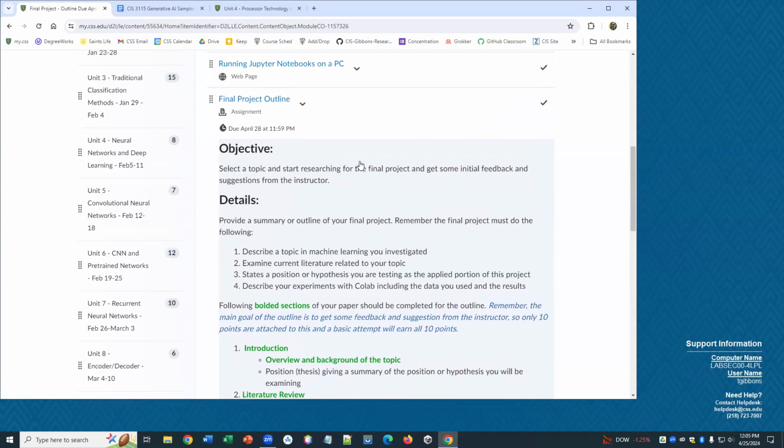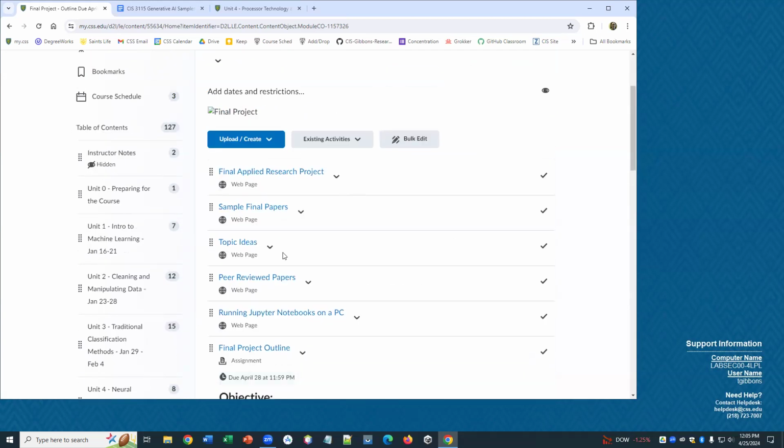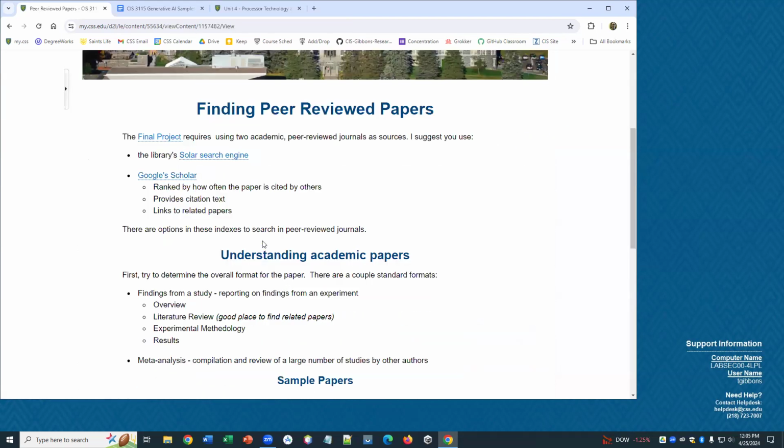You can look at a couple of different ways, so let's look at where you might get peer-reviewed papers here. As far as this goes, you need to have at least 2 academic peer-reviewed journal sources. You can search the library search engine, Solr, and do that, or I actually prefer Google Scholar for this.